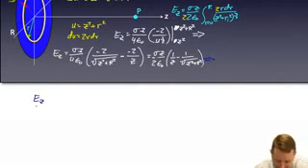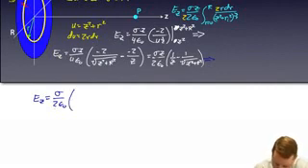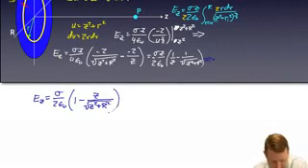The electric field in the z direction at that point P should be sigma over 2 epsilon naught times the quantity, if I multiply by z here, put the z back in, I get 1 minus z over the square root of z squared plus r squared.